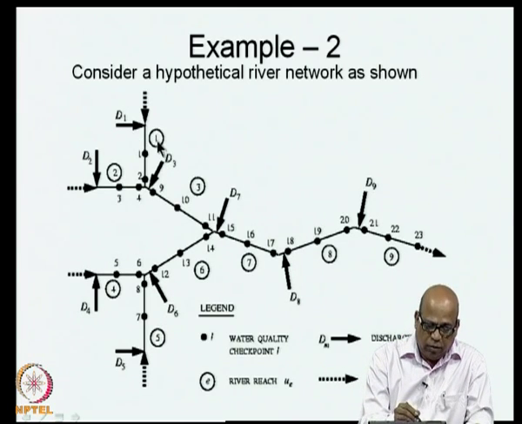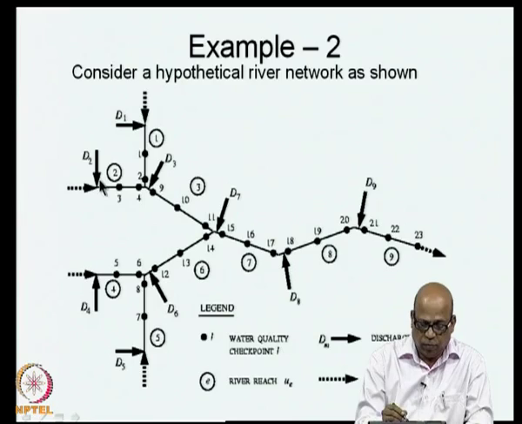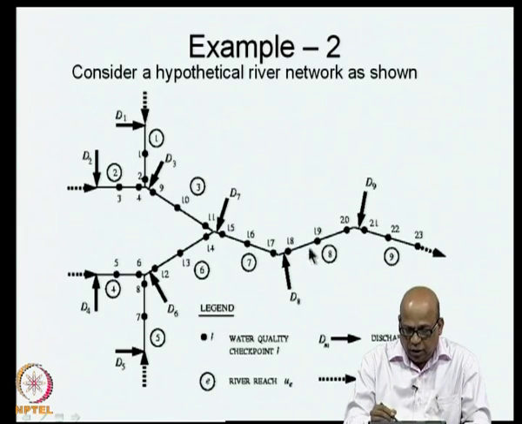So, at the beginning of every reach there is an effluent discharger. Look at discharger 1, that belongs to reach 1, discharger 2 belongs to reach 2, at the beginning of reach 2. Similarly, D8 is at the beginning of reach 8, D9 is at the beginning of reach 9 and so on.